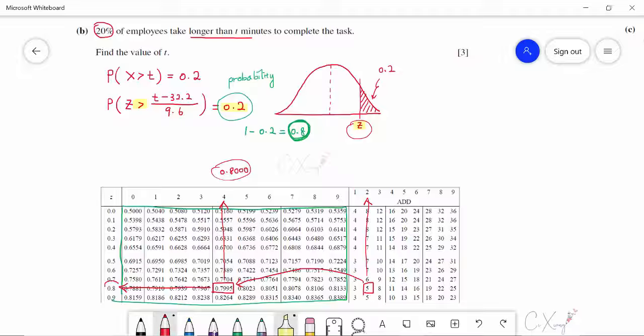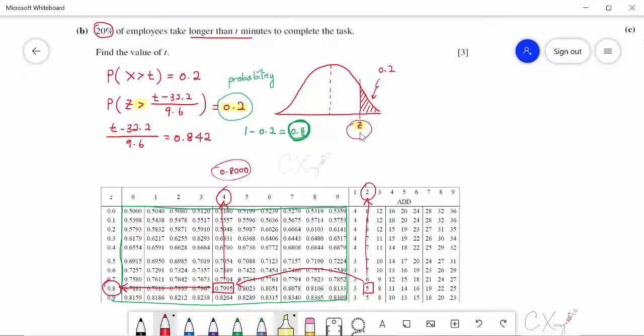So eventually you should get 0.842 as your exact value. It means that (t minus 32.2) divided by 9.6 should be equal to 0.842.